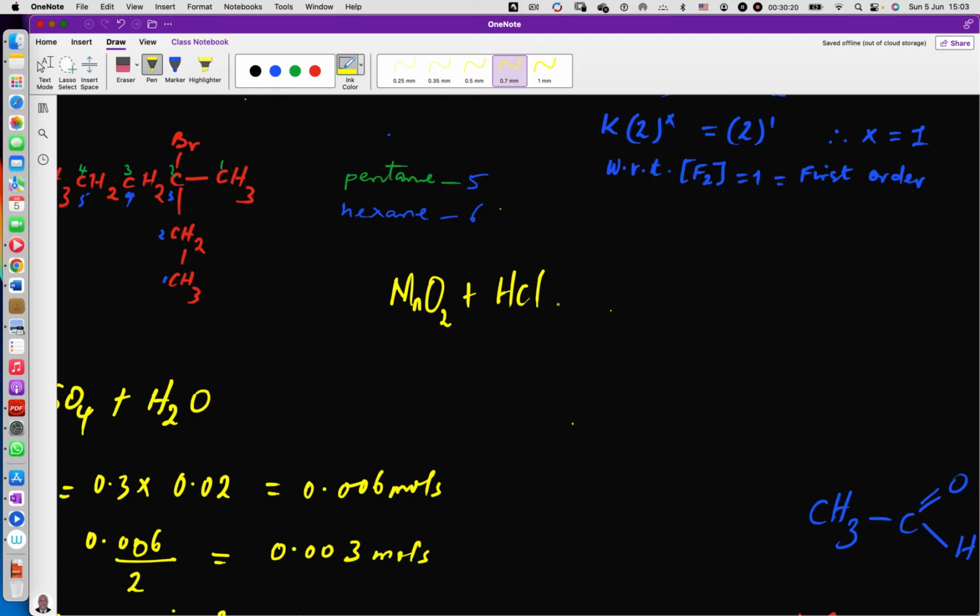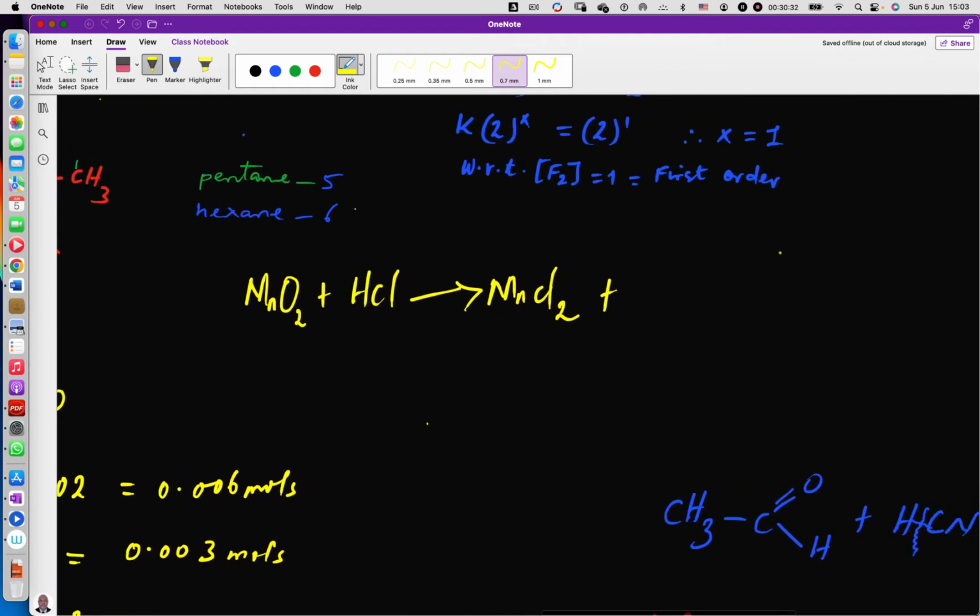We will have manganese chloride plus water. Water is produced, plus chlorine. The chlorine is the gas that is produced. Let's balance our equation.